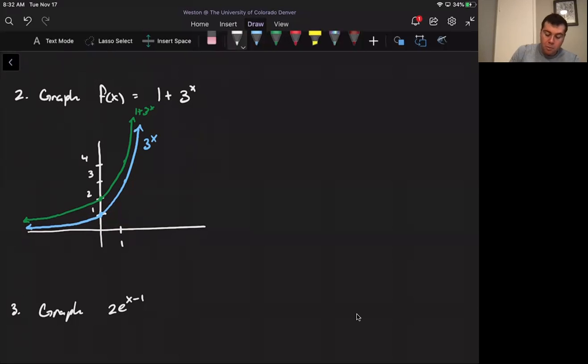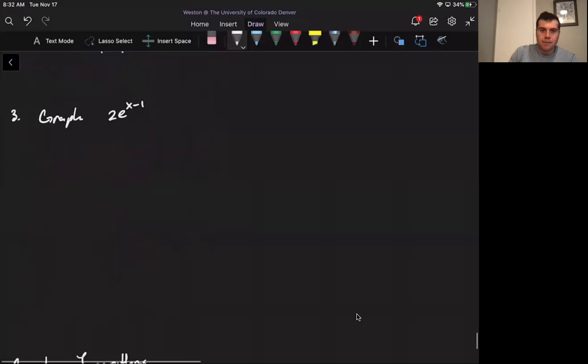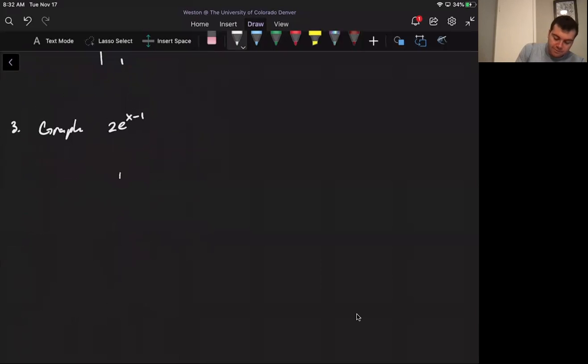For our last example, we'll graph 2 times e to the x minus 1. Again, we just draw in a coordinate axis and start to label some important points.